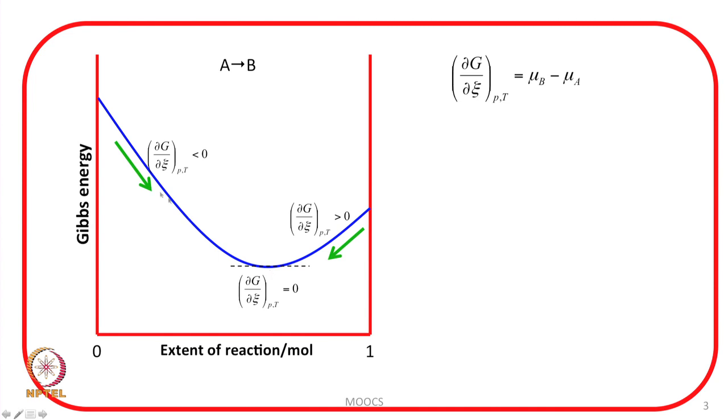On the left hand side, the slope is negative, that means reaction will proceed from A towards B. If we choose a composition in this region, the reaction will proceed from A to B. If we choose a composition in this region, the reaction will proceed from B to A in the reverse direction.